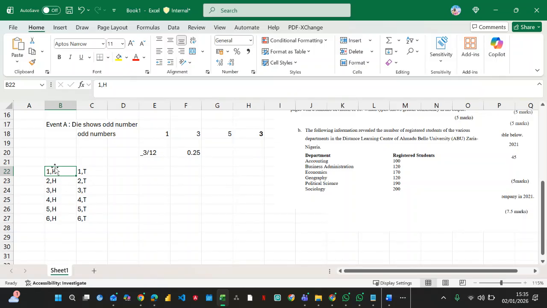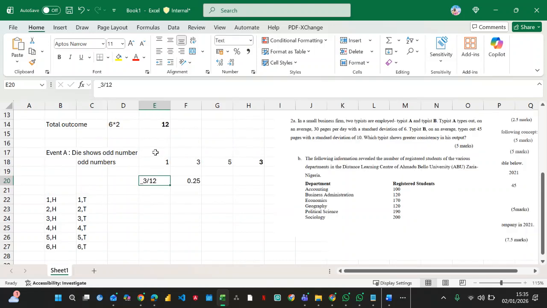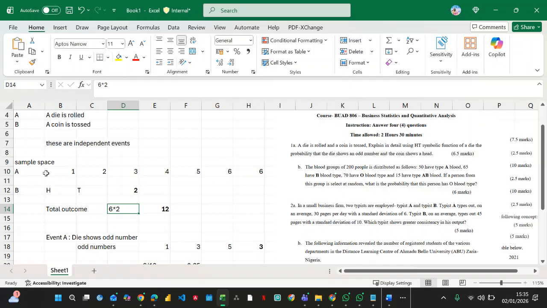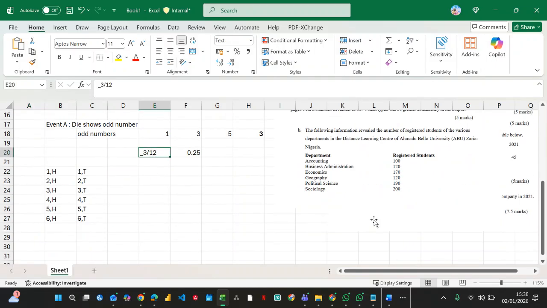Now the question asked: when do you get an odd number and also get a head? It's three times. Look at it. If I have this, I have head. If I have this, head. If I have this, I have head. So this already answers the question.